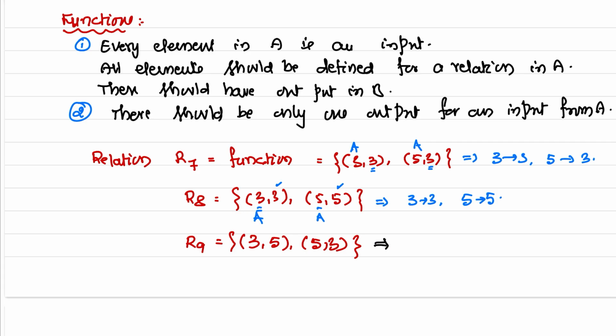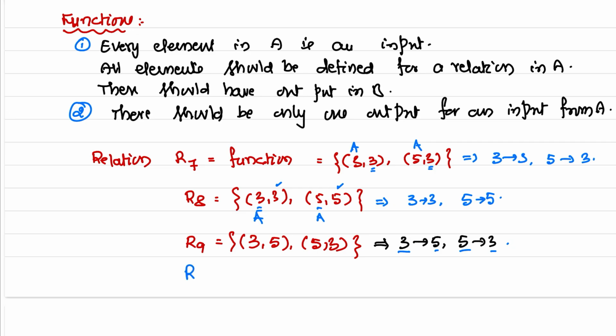This is the heart of these functions and relations: understanding the definitions and identifying them, and finding the number of functions, number of relations, symmetric, transitive and reflexive. These relations are 3 to 5, first relation, and next is 5 to 3. That means both 3 and 5 have relations, both inputs have outputs also. Hence, it is a function.